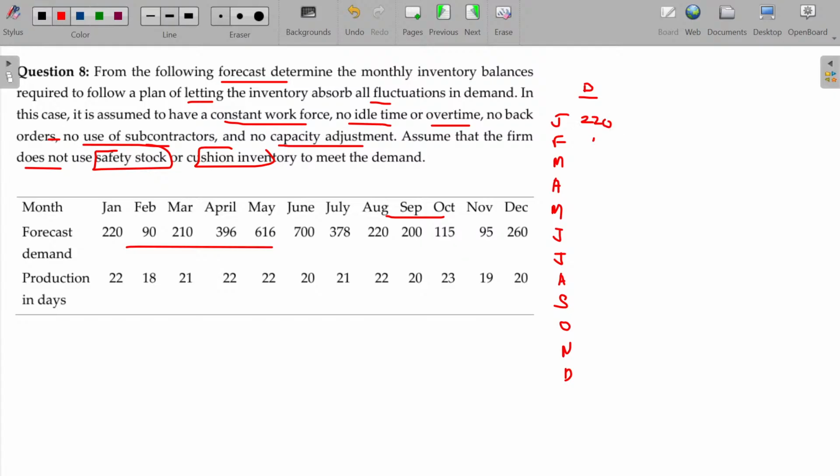220, 90, 210, 396, 616, 700, 378, 220, 200, 115, 95, 260. What is the total demand for these 12 months?